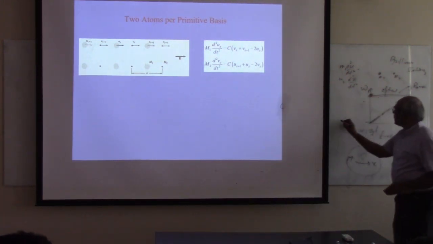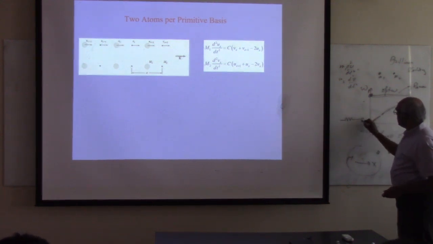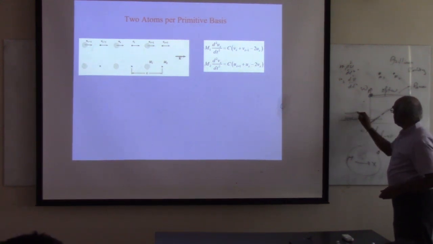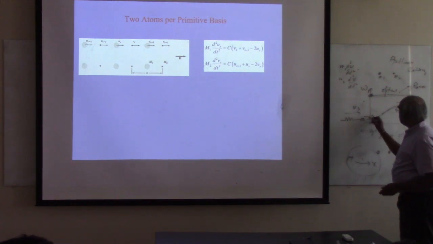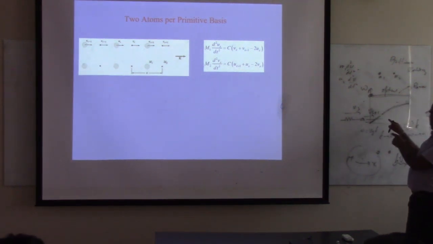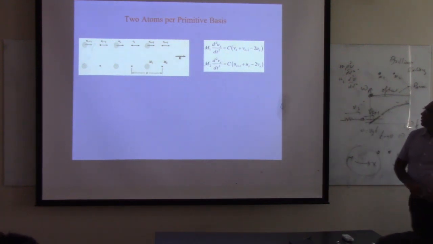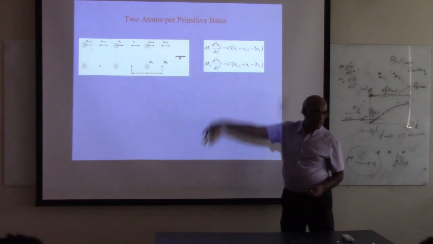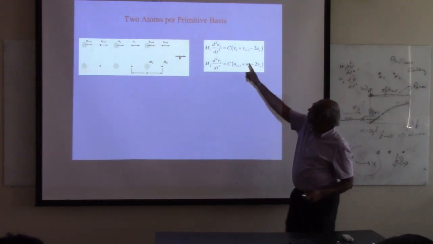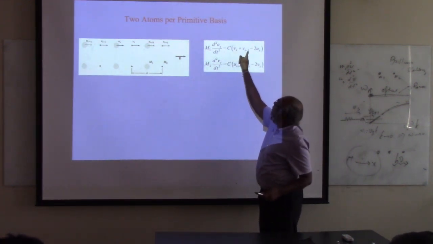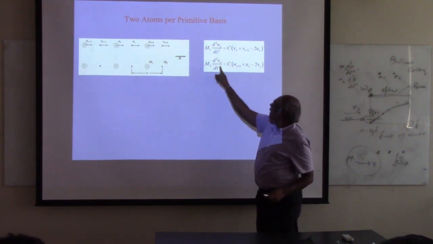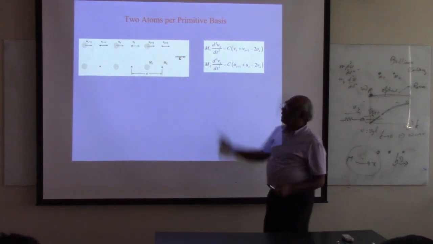Because each spring, you have to think this is moving by u_s and this is moving by v_s plus 1, so you need to get the difference between the two. You can easily write the two equations. Now you have these two equations with two parameters, u_s and v_s. So how do you solve this?